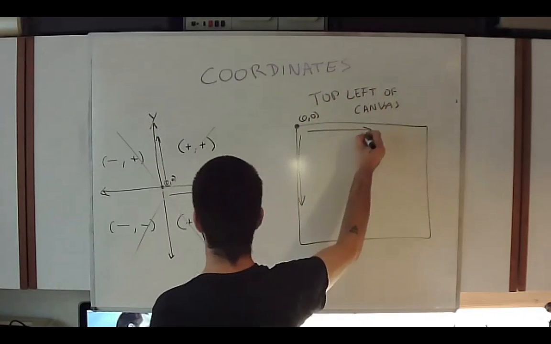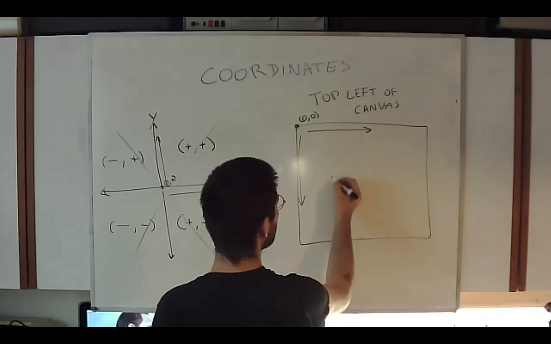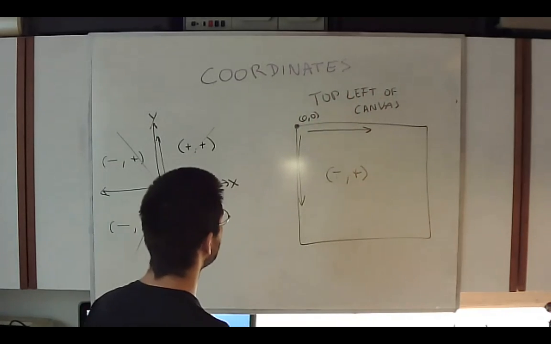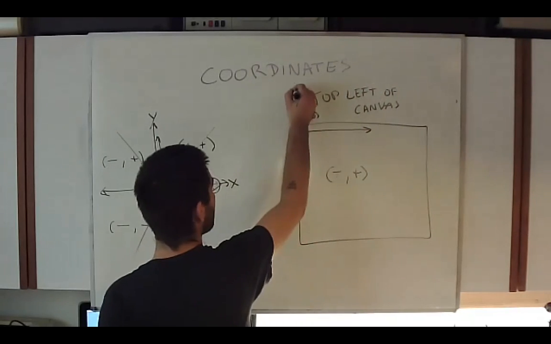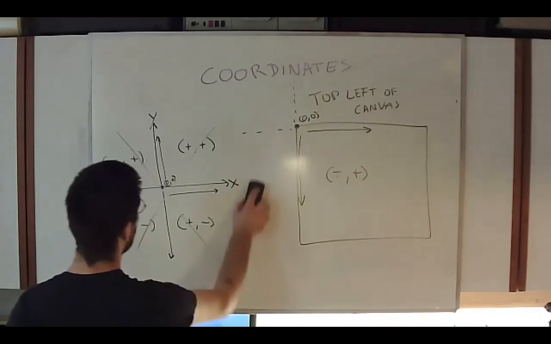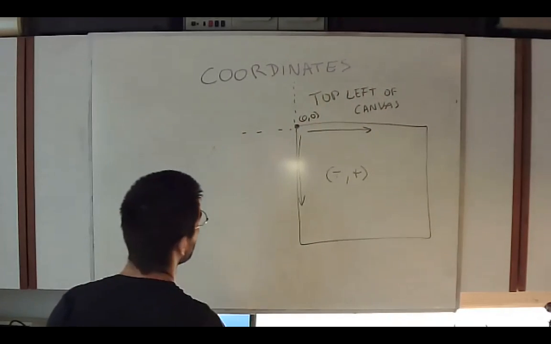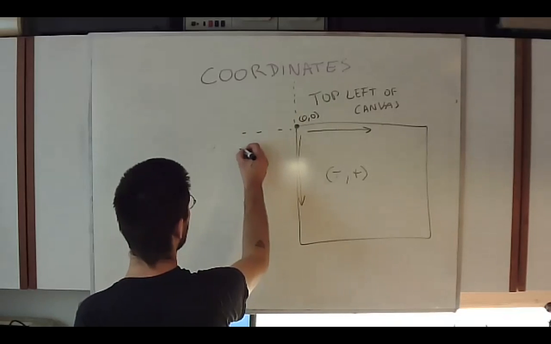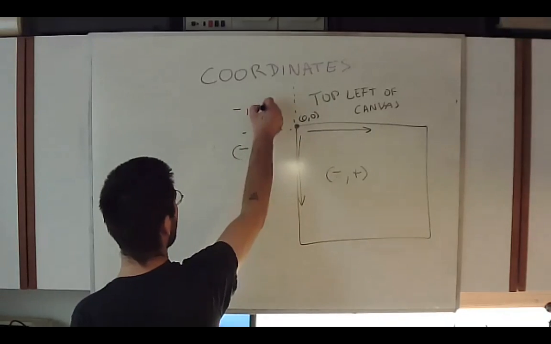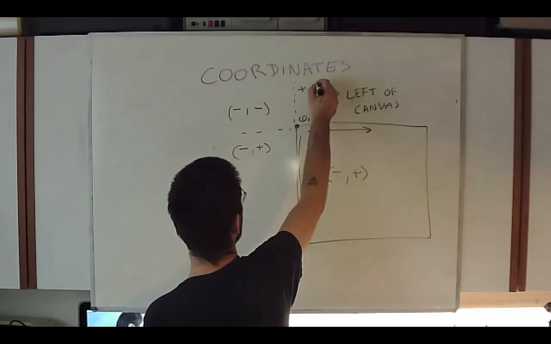And so everything is positive in these directions. So all of the coordinates in this area are positive, positive. And we can imagine the coordinates going off into the rest of the off-screen space. So we have coordinates that are negative and positive down here, negative and negative up here, and positive and negative over there.